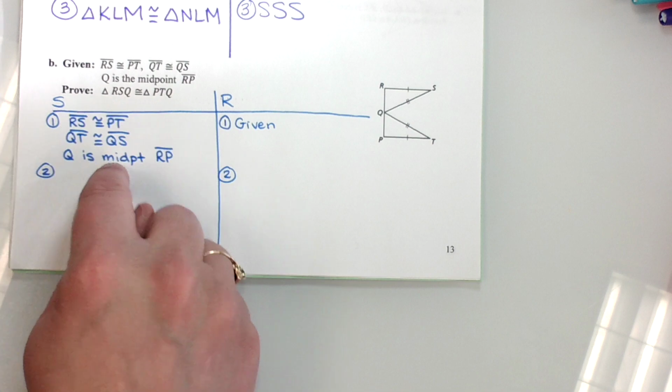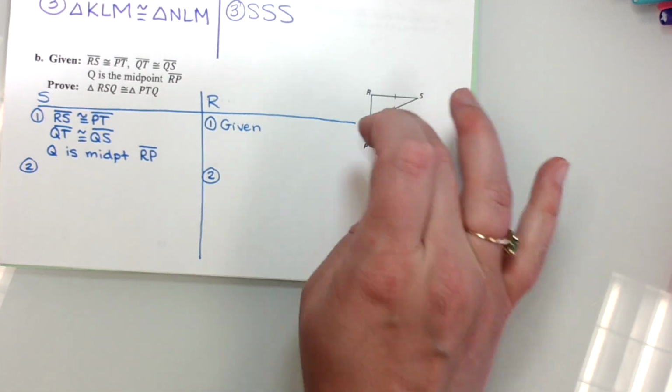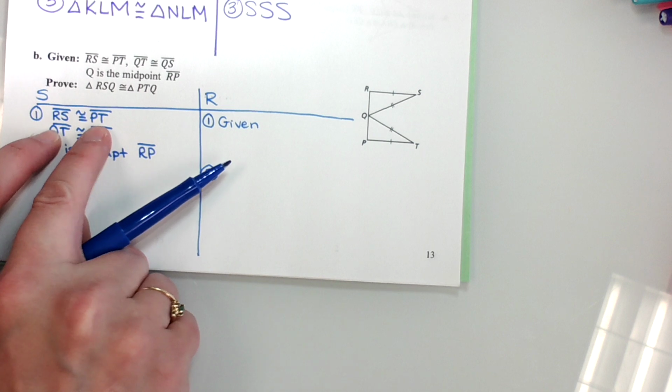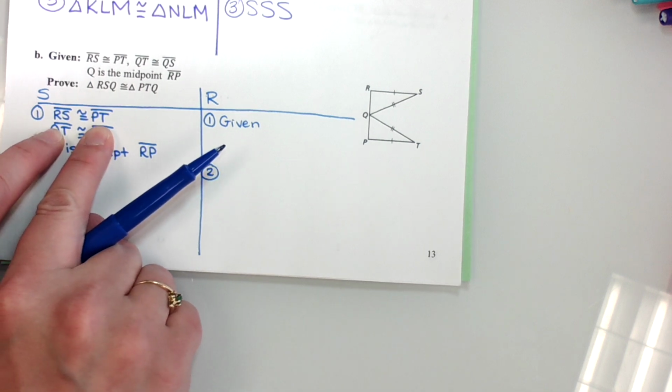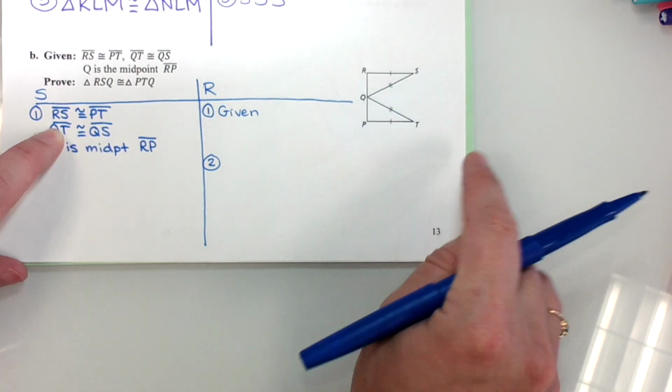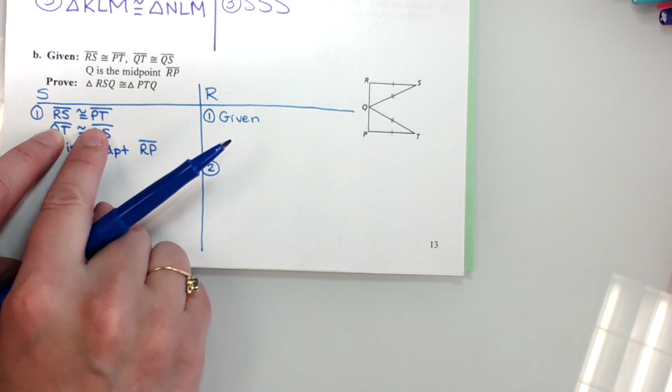Okay, I see congruent symbols in my proof. I make sure they're in my picture. Kylie, is RS marked congruent to PT in the picture already? Do you see tick marks on the picture already, in other words, for RS and PT?